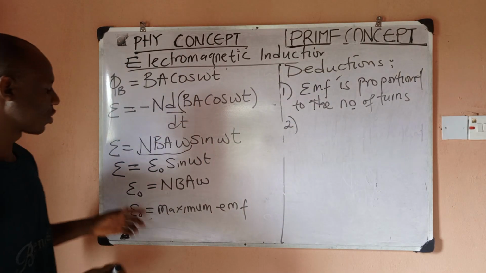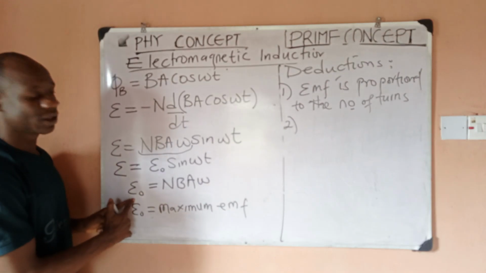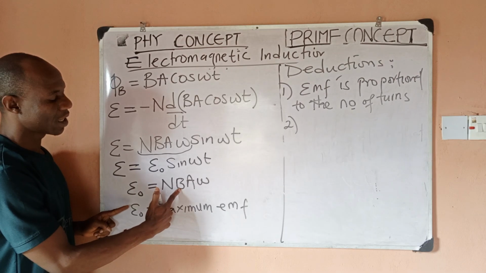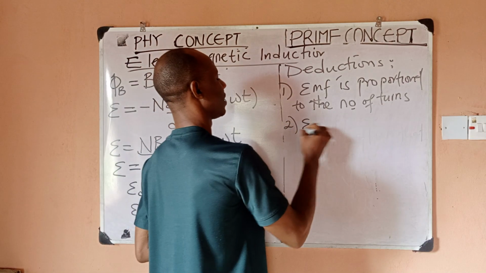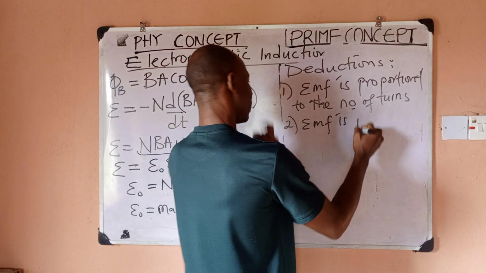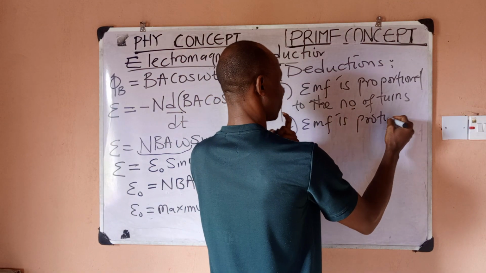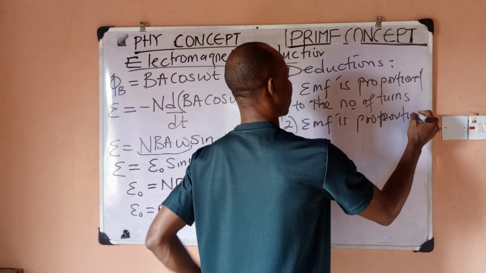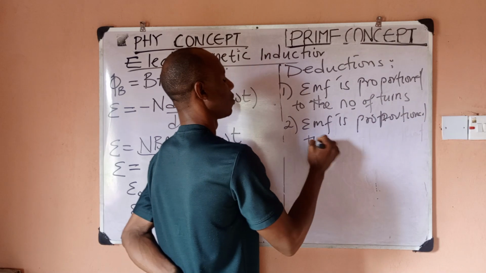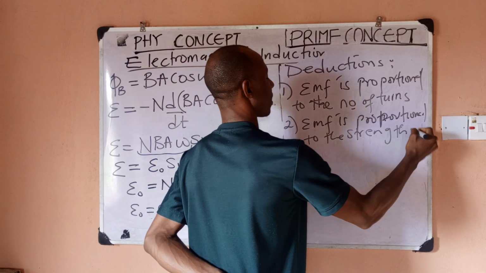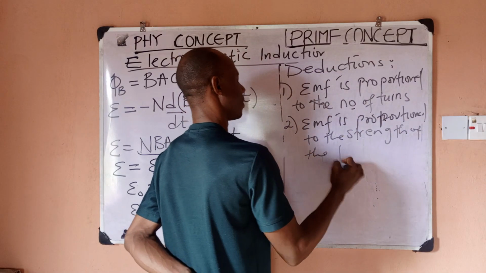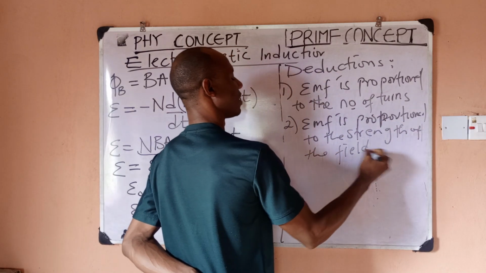Then the second deduction is that the induced EMF is proportional to the strength of the magnetic field. So what does it mean?